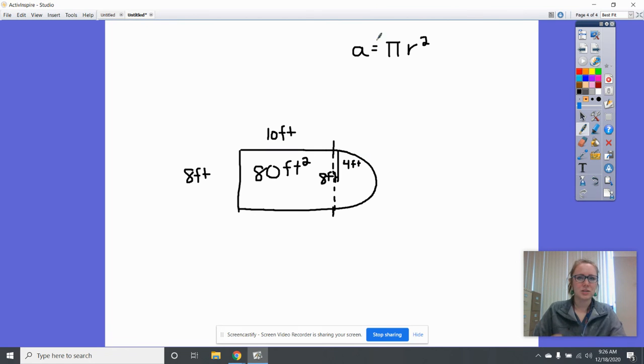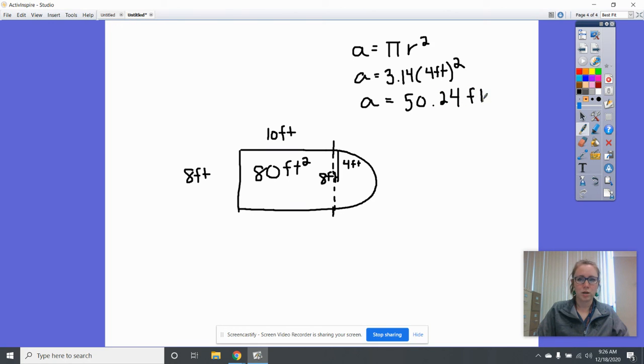Now that we know that, we can solve for the area. We use 3.14 as pi, times our radius is 4 feet, and we're going to square that. So the area of, if this was a whole circle, 3.14 times 4 squared equals 50.24 feet squared.